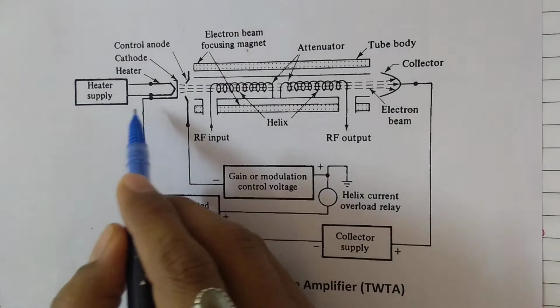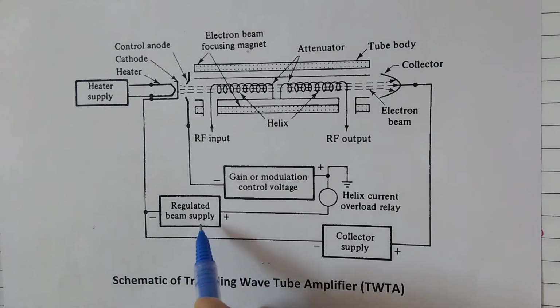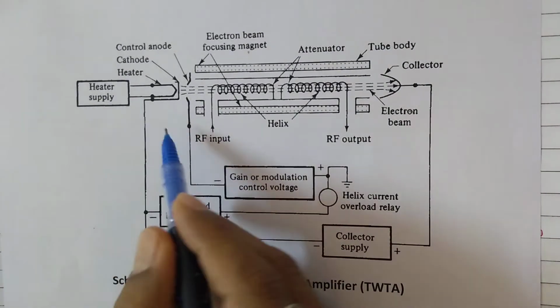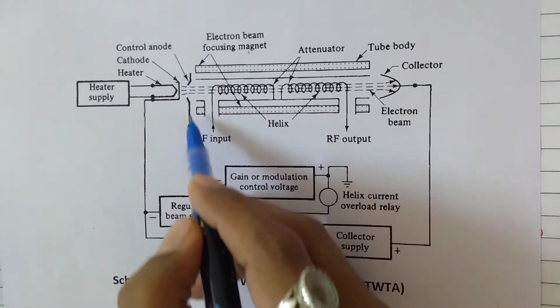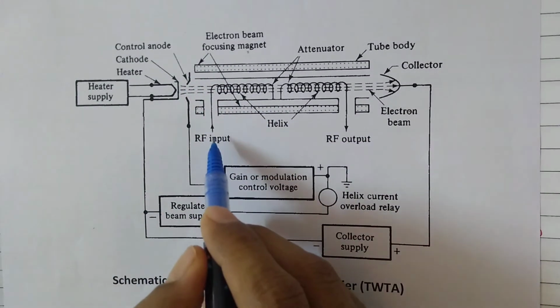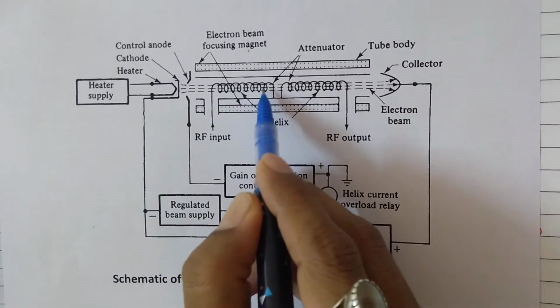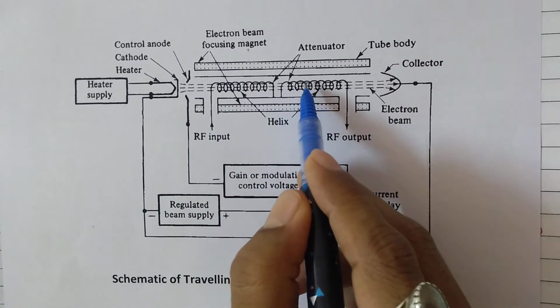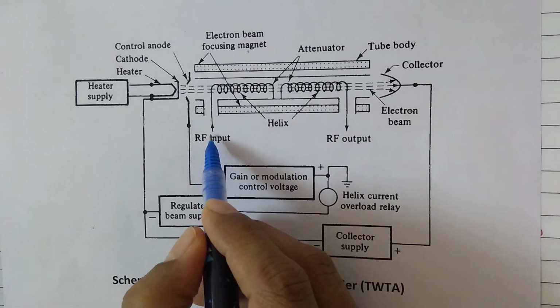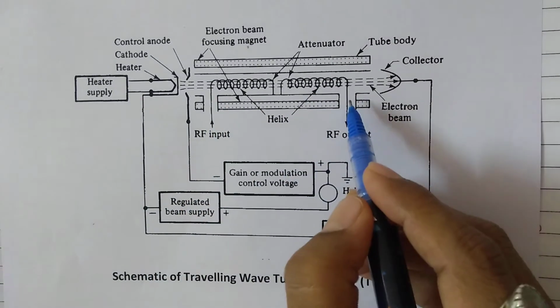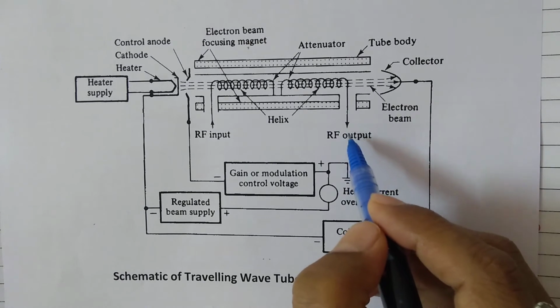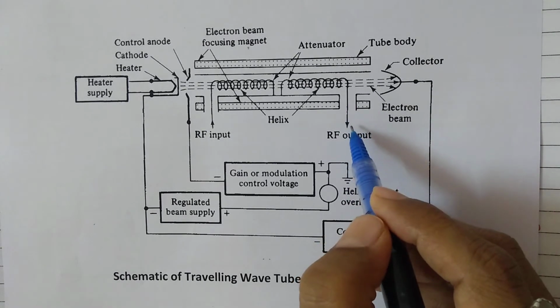We have a cathode, which is supplied with the regulated beam supply voltage. Then we have anodes, then a helical slow wave structure inside the tube. The RF input is given to this helical structure, and at the end of the tube, the RF output is taken out from the helical structure.